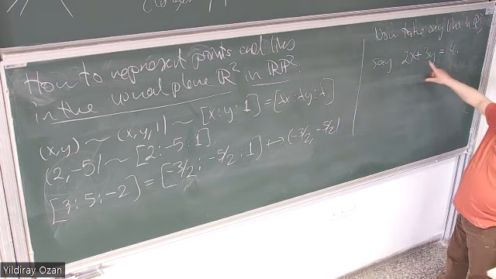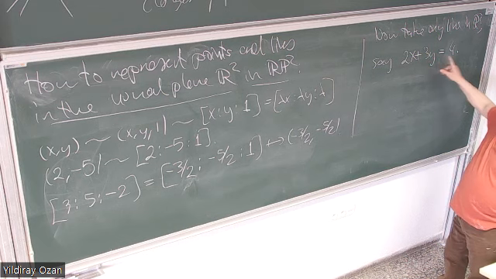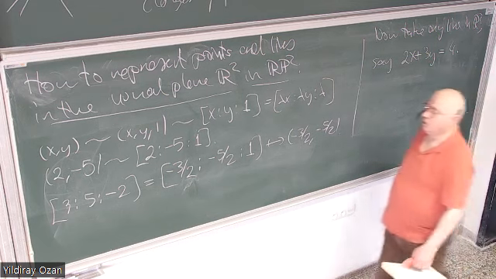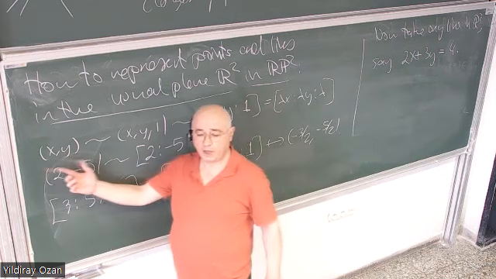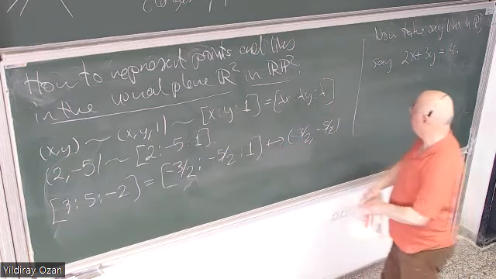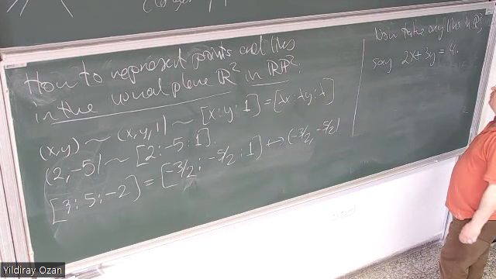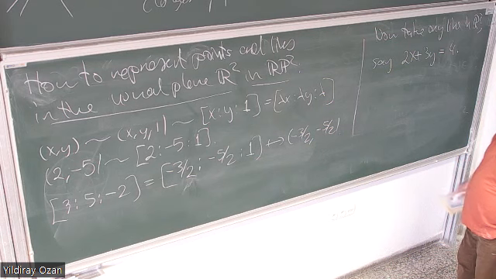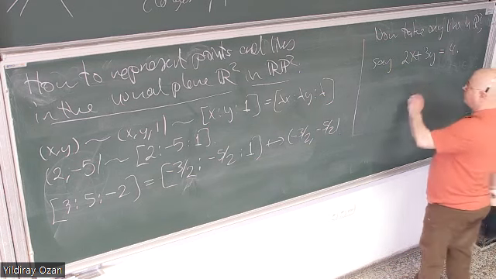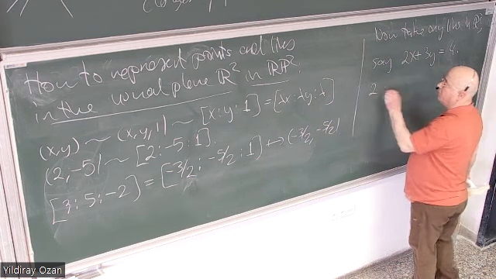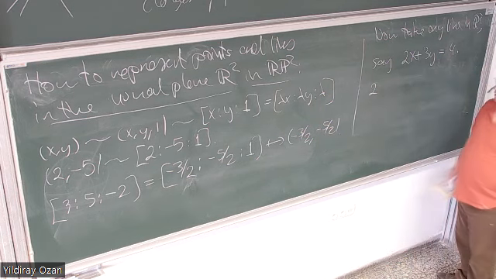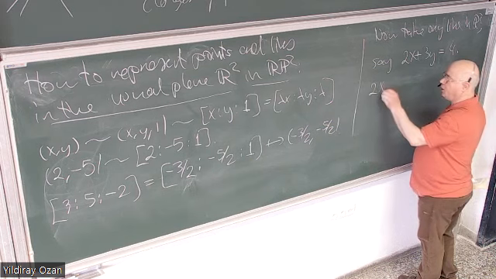Yani bu denklemi sağlayan her noktayı şu şekilde düşüneceğim. Ondan sonra da onu şeyle çarpacağım. Onu yapmanın yolu şu. Efendim? Daha kestirme bir yolu var. Şöyle yapıyorsunuz.